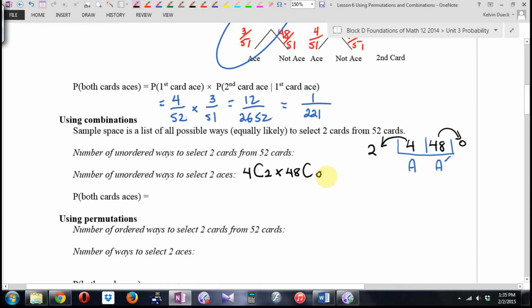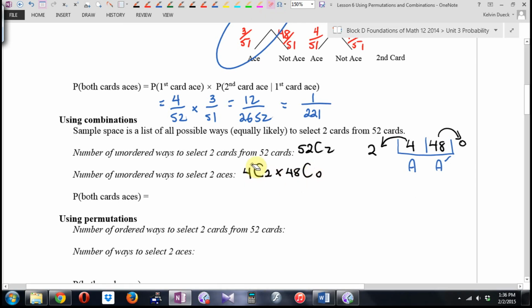Now, that's the number of ways to pick 2 aces. How many ways are there to pick 2 cards? How many cards are there in the deck grand total? On the previous line, 52 choose 2. That's how many ways to pick 2 cards.